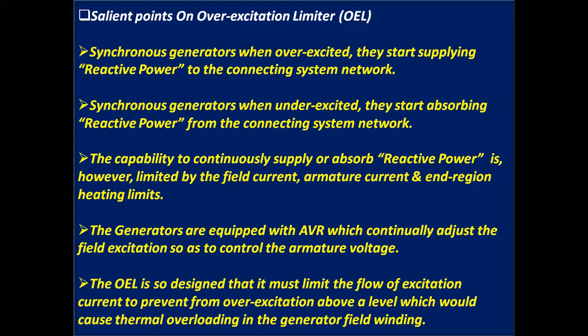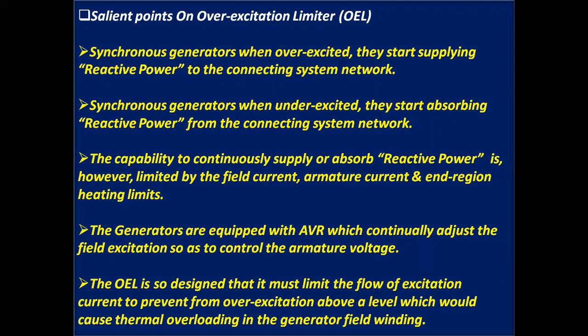The capability to continuously supply or absorb reactive power is, however, limited by the field current, armature current, and end region heating limits. The generators are equipped with AVR, which continually adjusts the field excitation so as to control the armature voltage.